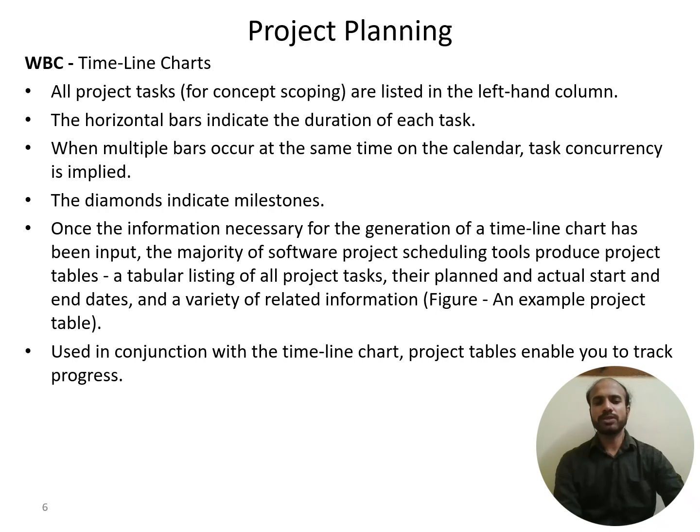A tabular listing of all project tasks, their planned and actual start and end dates, and a variety of related information. Used in conjunction with the timeline chart, project tables enable you to track the progress of where exactly the product is right now.